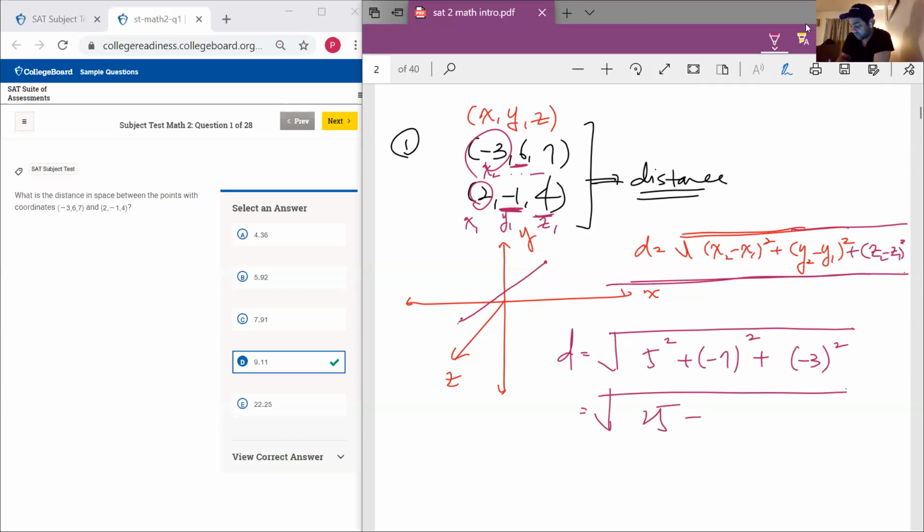Which is 25 plus 49 plus 9, which is square root of 74, right?